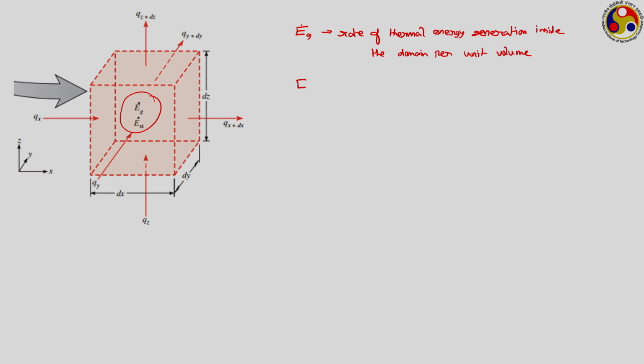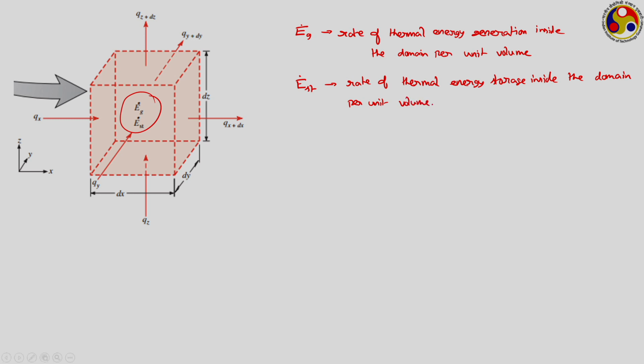Similarly, the other term shown here, E dot St, represents the rate of thermal energy storage inside the domain, or maybe inside the control volume, just to be consistent with the thermodynamic notation, per unit volume.